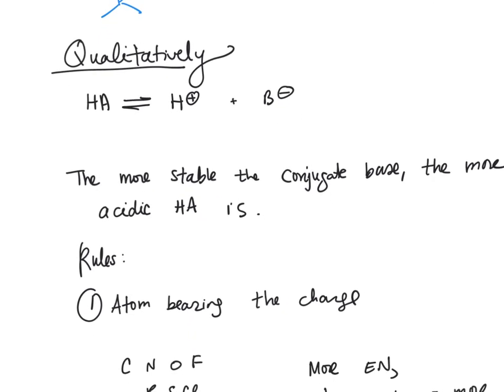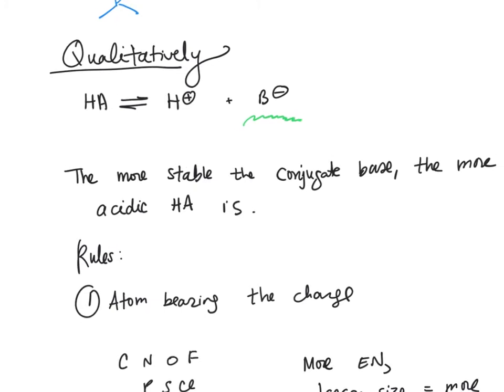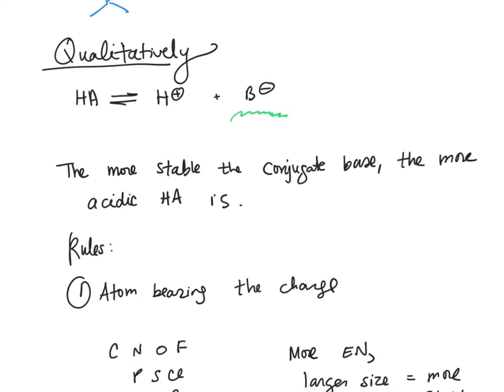Qualitatively, we can think about acids and bases as the strength of the conjugate base, or B minus, and the more stable that conjugate base is, the more acidic the acid is.